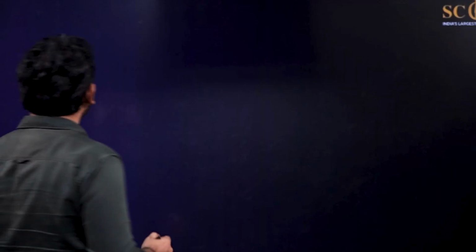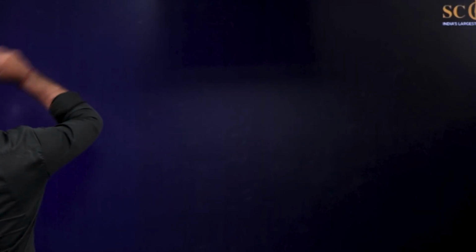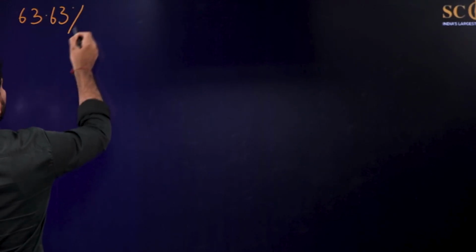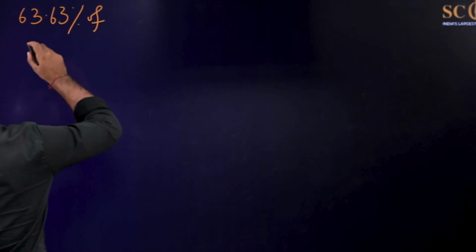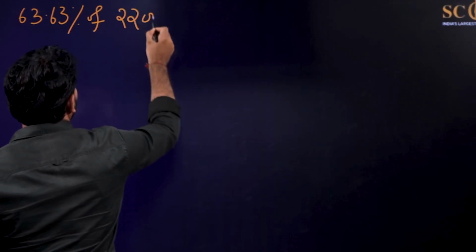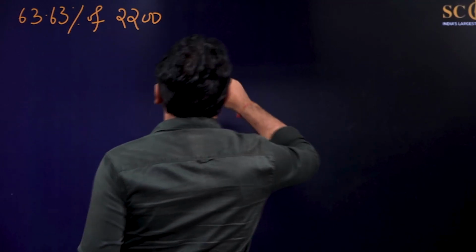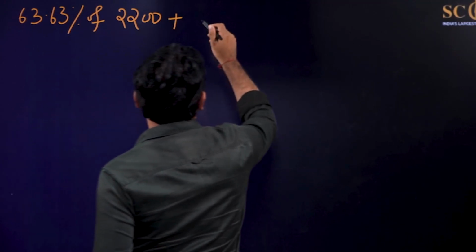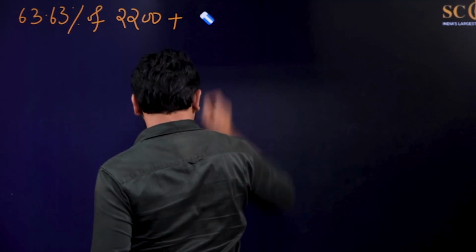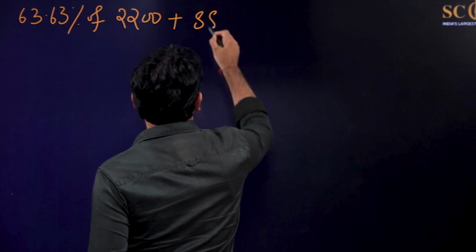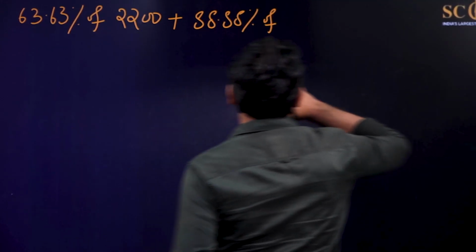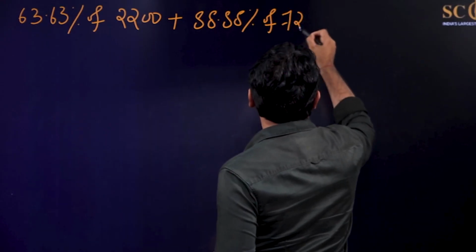Okay, so now if I give you a question like: what is 63.63% of 2200, and plus 88.88% of 7200.